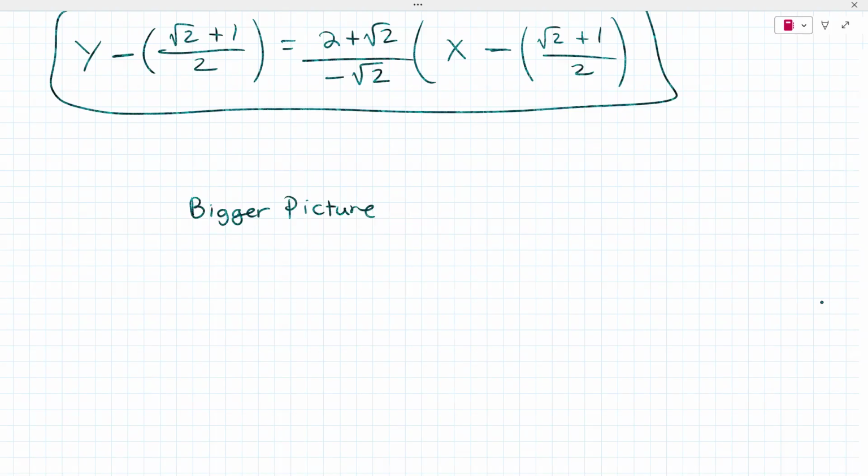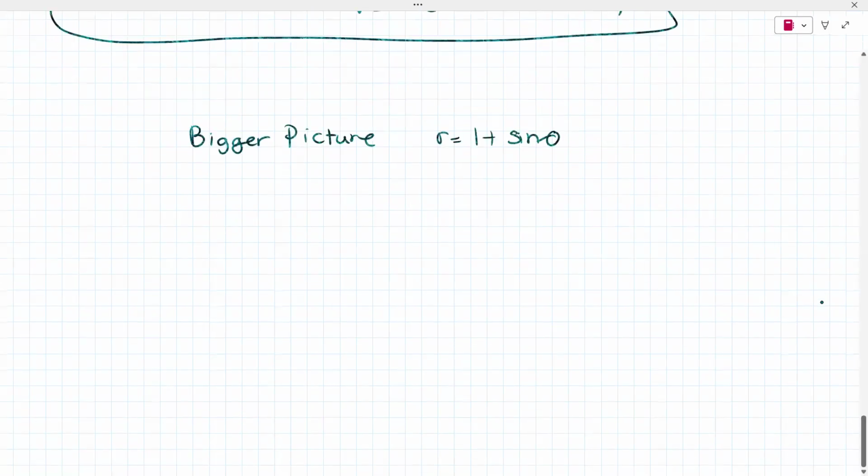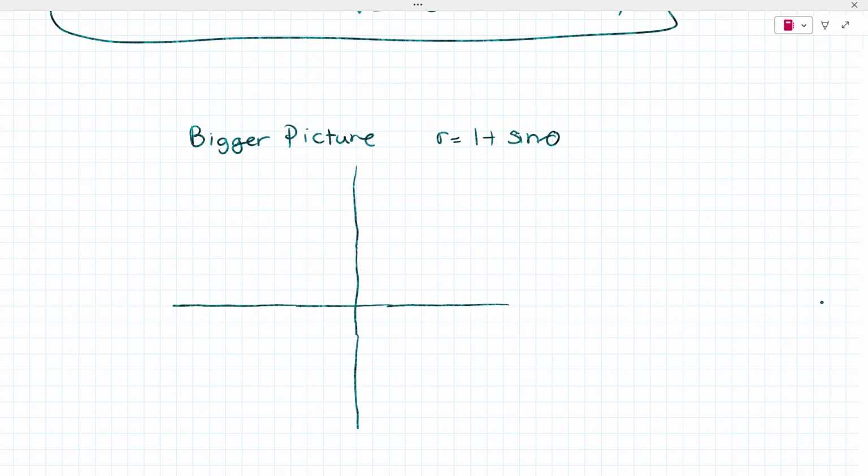If you graph r equals 1 plus sine theta, that is a cardioid, and it would look something like this.